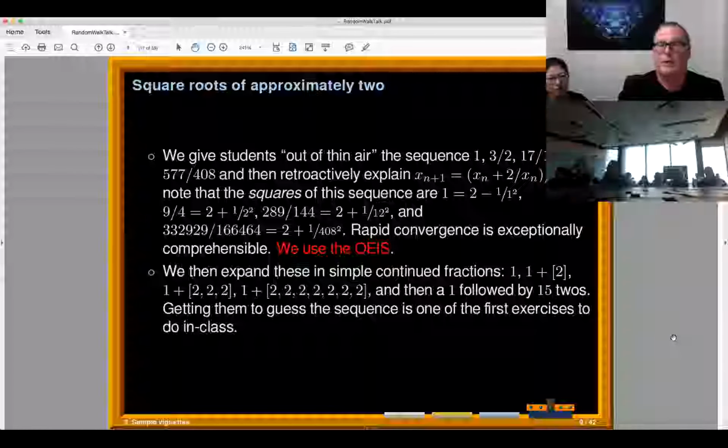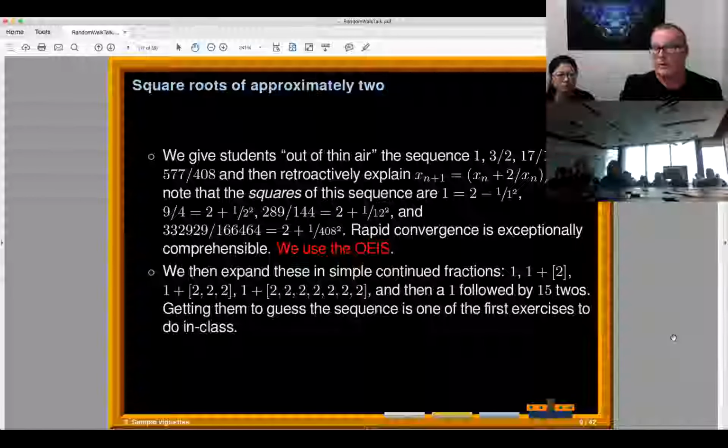So if you look up that sequence on the Online Encyclopedia of Integer Sequences, which I showed them, the students really like that, then you get a full list of these numbers, and students get to see that this rule persists, so that the squares of these numbers rapidly approach 2. So these are square roots of approximately 2. And the connection between square roots of approximately 2 and approximate square roots of 2 is something that we actually work on. Then, of course, I expand these in simple continued fractions.